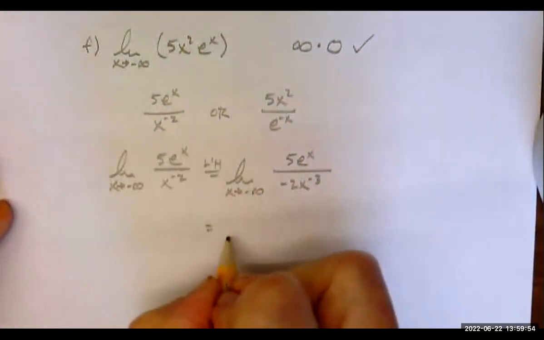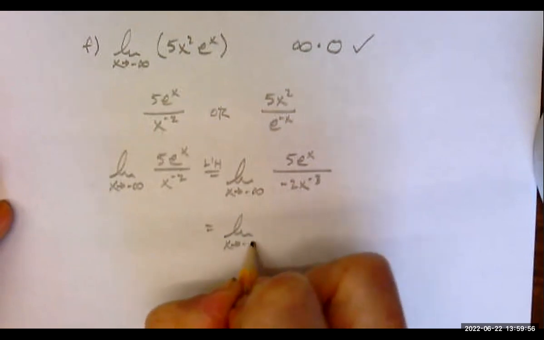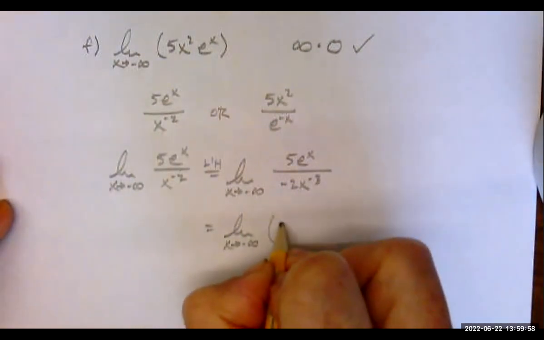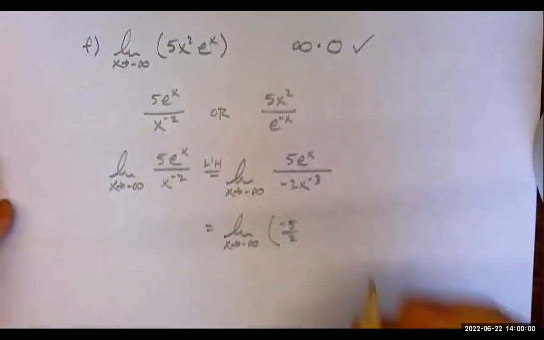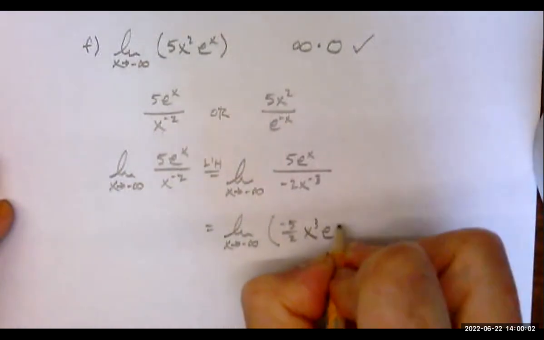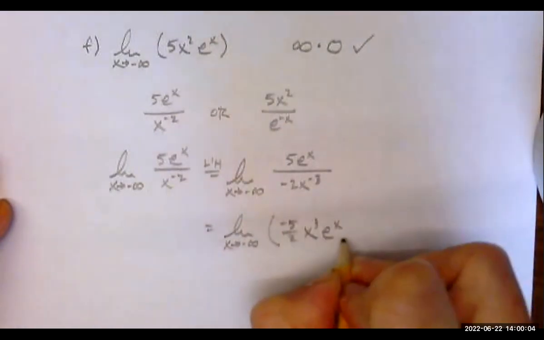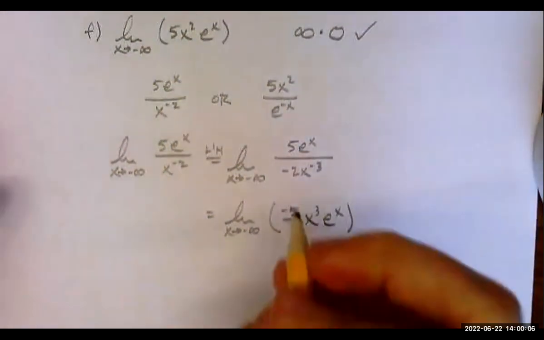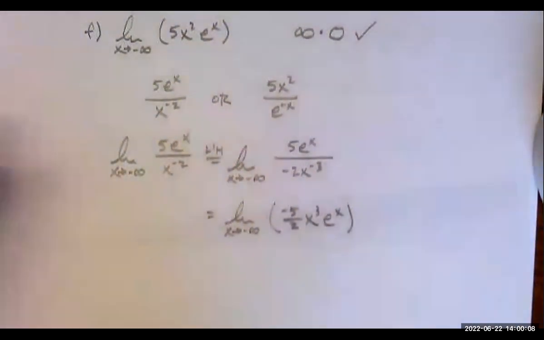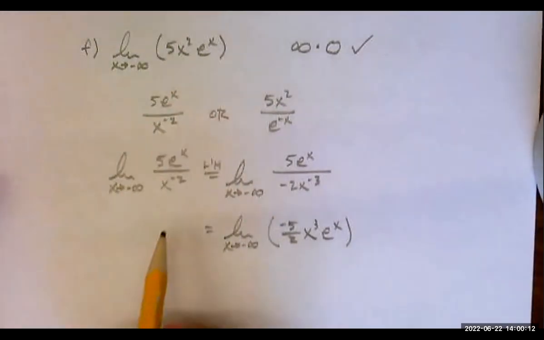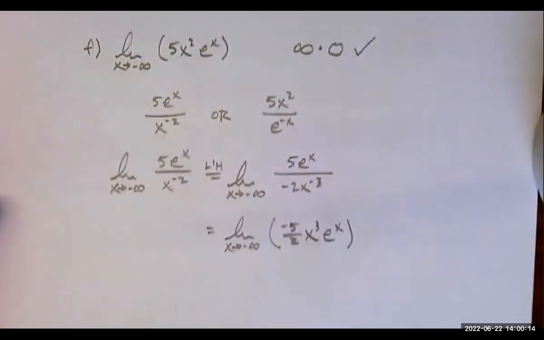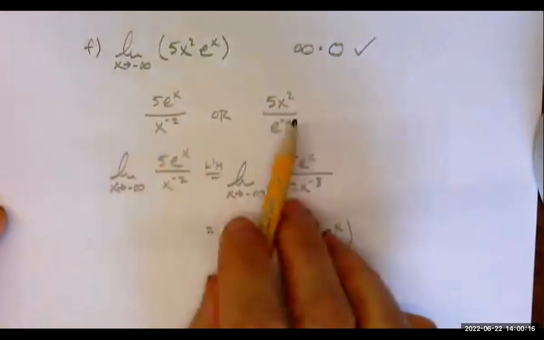If I simplify that a little bit, we'd have negative 5 over 2 x to the third e to the x, right? You know what? This approach is not going to work. We need to go with the other one.